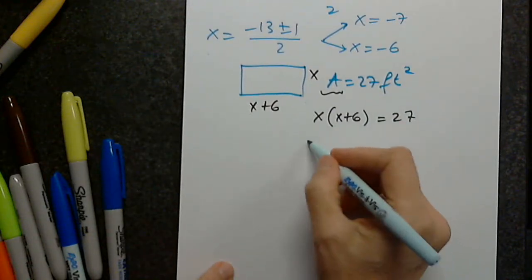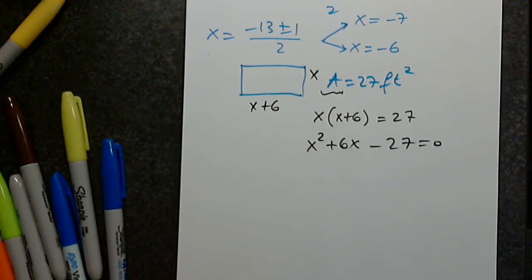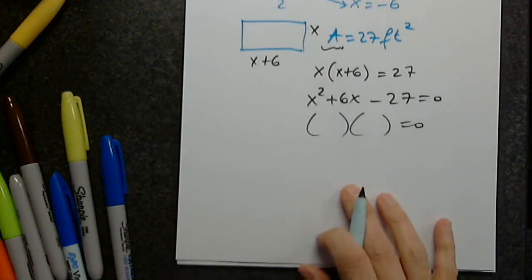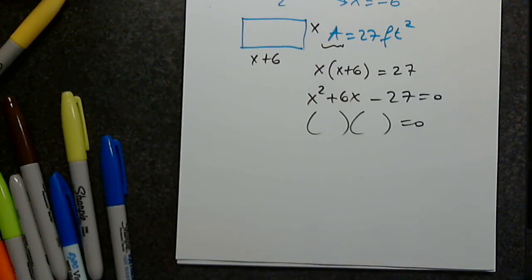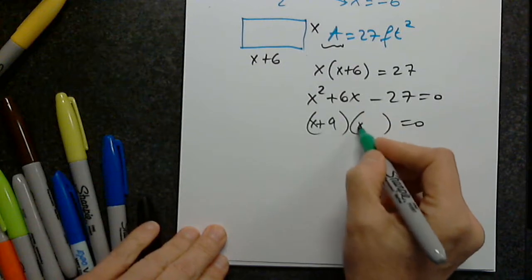So 27 is part of the problem. Previously, if you remember your question, you said move -2. It's not in the problem. It has no effect on completing the square. But here I have no choice because I'm not going to complete the square. And I'm hoping that I can factor this easily. If I cannot factor, then I will go back and use the quadratic formula. So how do I factor this? X plus 9, x minus 3.